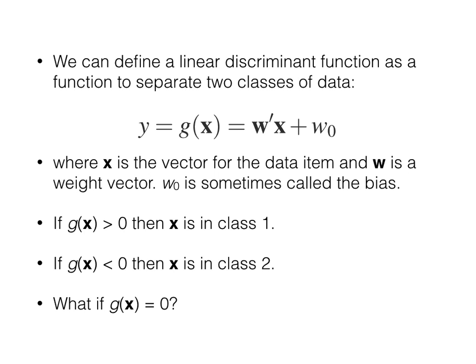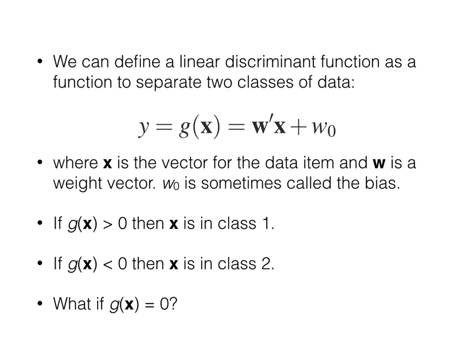So we can define a linear discriminant function as just a function that can separate two classes of data. And we have a function here, so y, which is essentially where we're going to classify, is a function of g of x. x is the vector that contains the data item.